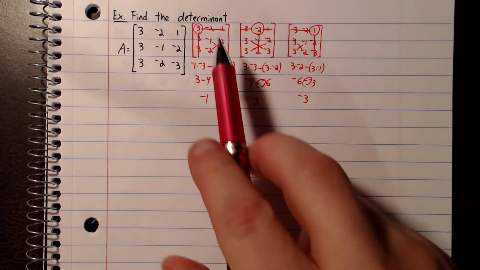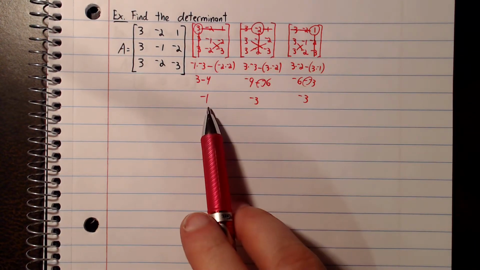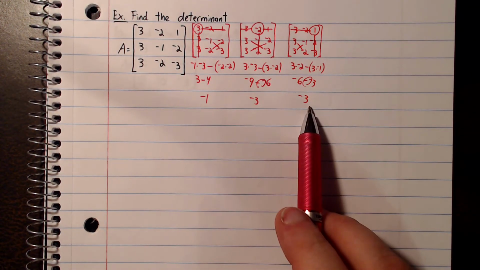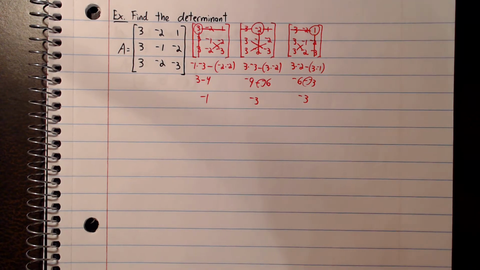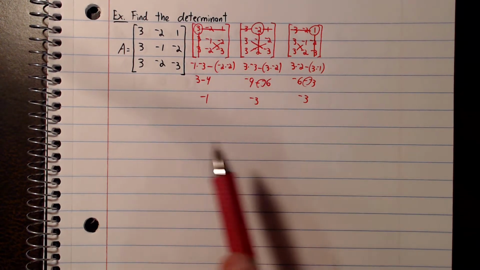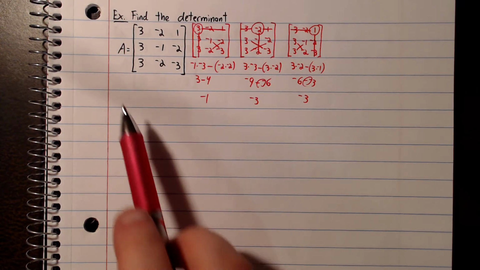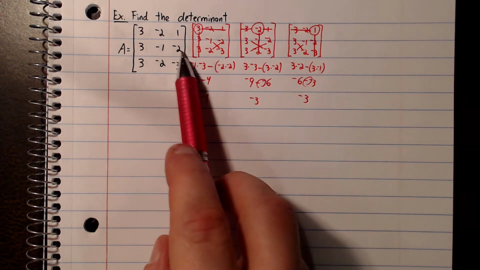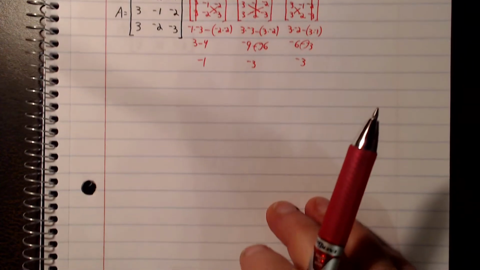Okay, so I've got the top 3 entries right here as negative 1, negative 3, negative 3. These are minors at the moment, and then we'll worry about the whole cofactor thing after. I'm going to go and find the middle row from here.